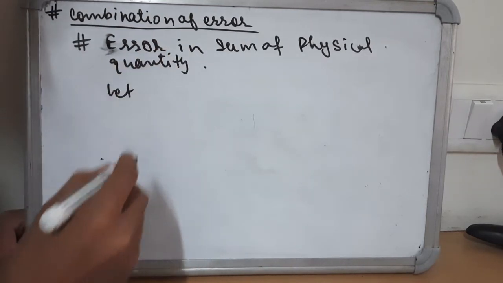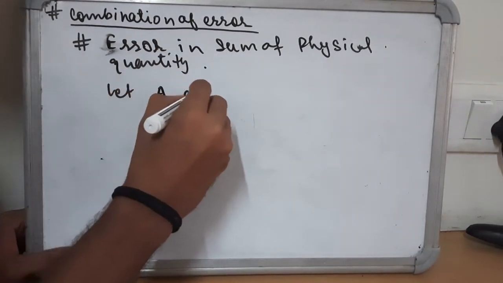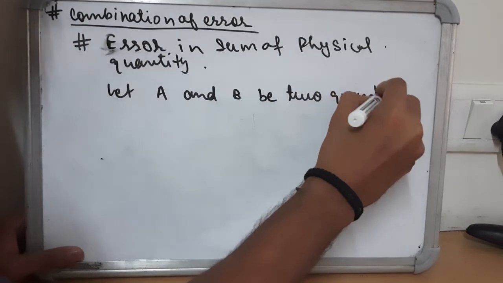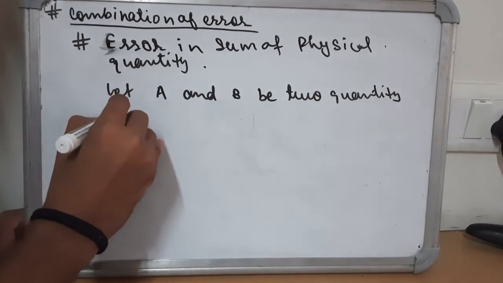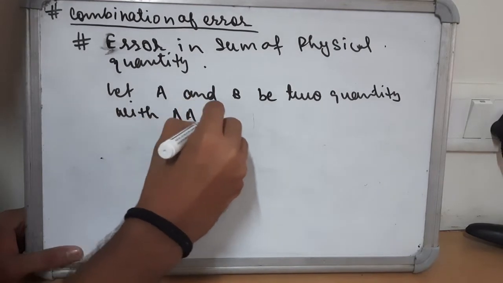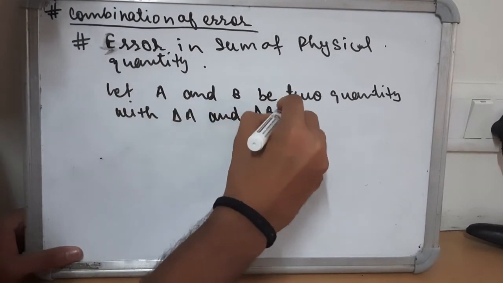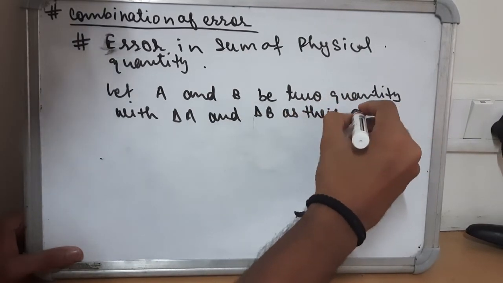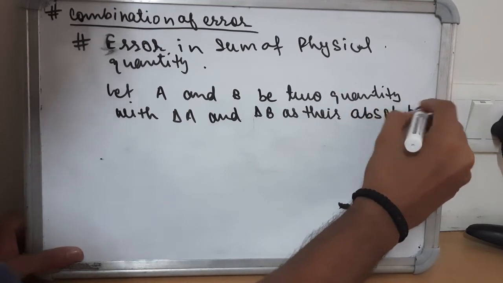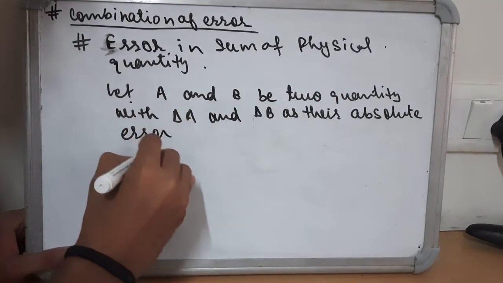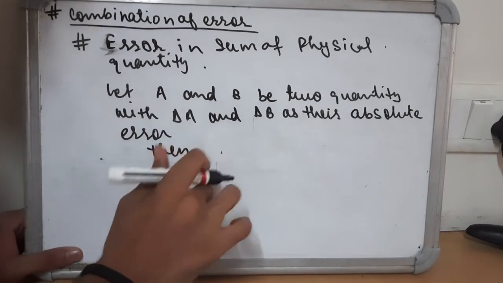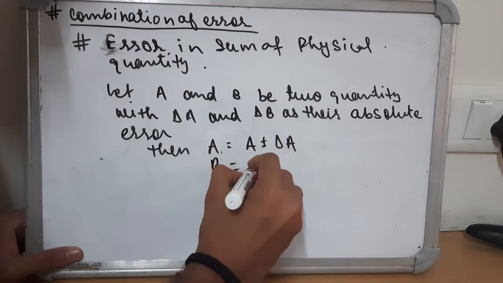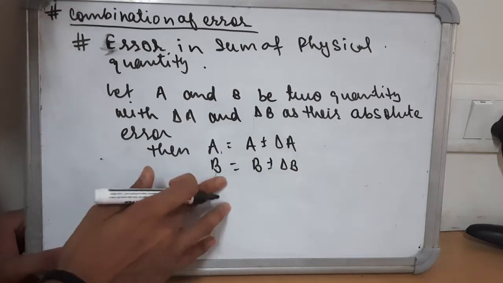Suppose we have two quantities A and B. Let A and B be two physical quantities with delta A and delta B as their absolute errors. Then A can be written as A plus minus delta A. Similarly, B can be written as B plus minus delta B, right?